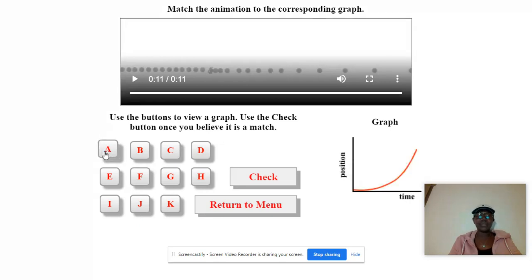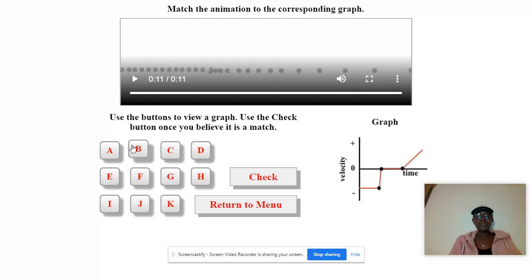So let's click A. A shows a graph where the car is accelerating. Remember, we learned this on Friday. It's not constant because we see the slope. So the car is accelerating. Let's go to B. Well, B shows us that the car is moving, but it's telling us about velocity.